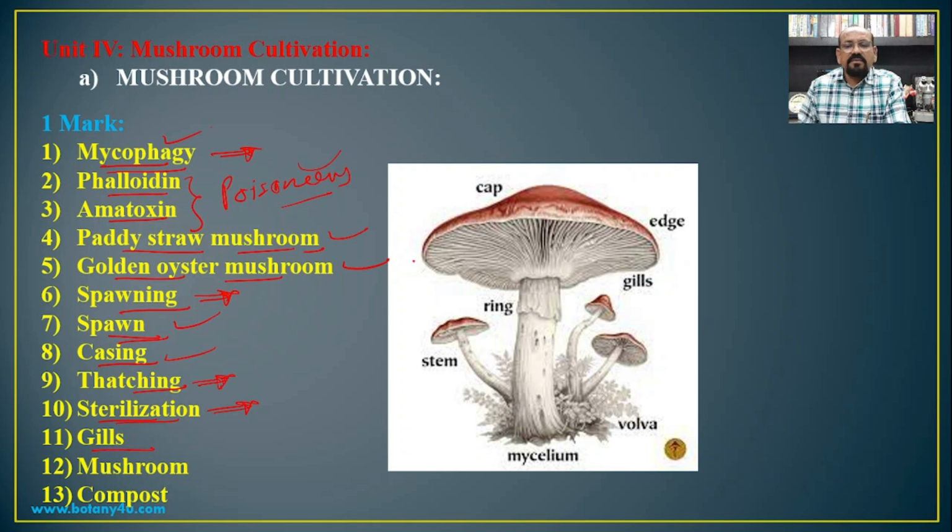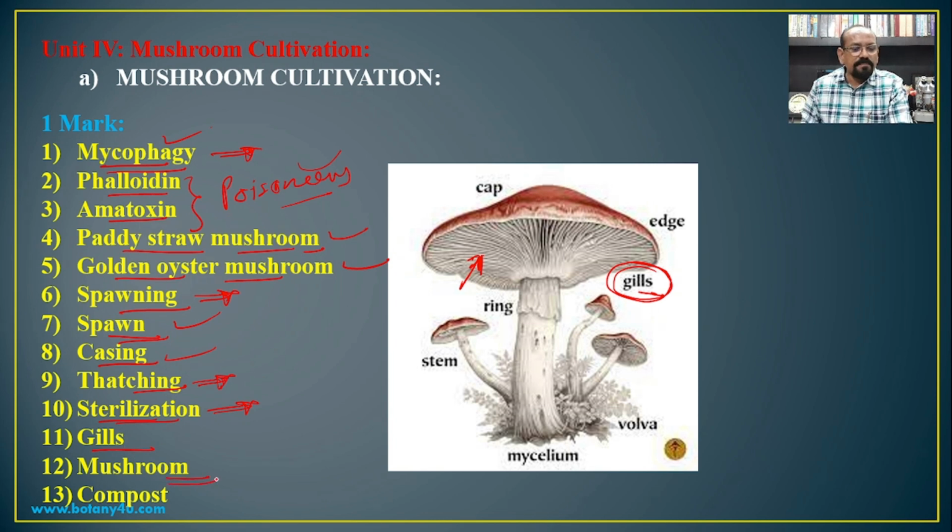Then gills: the fruiting body of the mushroom has vertical structures below it which are involved in the formation of spores or basidiospores and are known as gills.